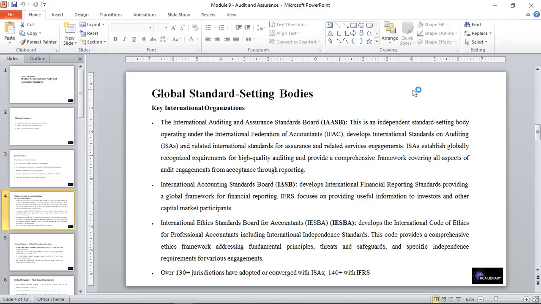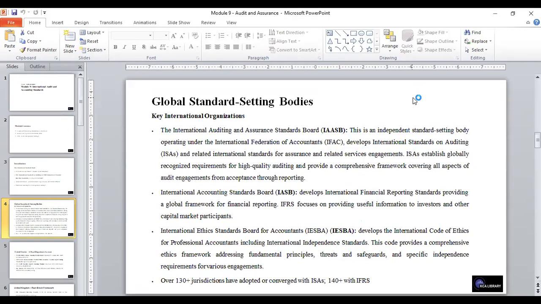This code provides a comprehensive ethics framework addressing fundamental principles, threats, and safeguards, and specific independence requirements for various engagements. Over 130 jurisdictions have adopted or converged with ISA, while 140 plus have done so with IFRS.